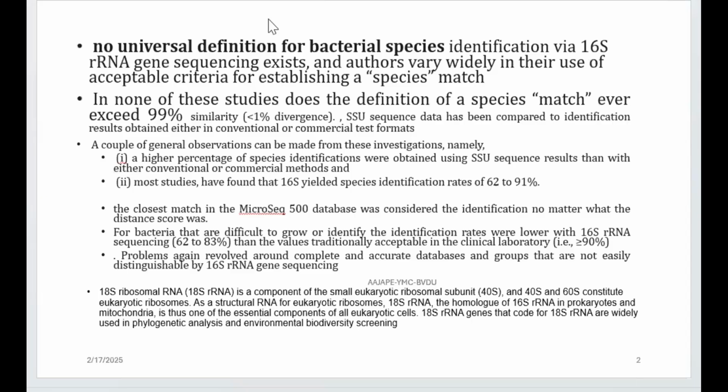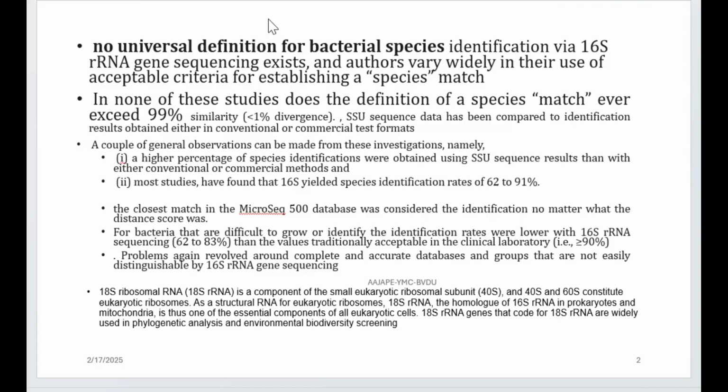And when it comes to bacterial species identification via 16S rRNA gene sequencing, there is no universal definition to say whether 99% similarity, 95% similarity, or 89% similarity would be a guide or criteria for establishing a species match, right?